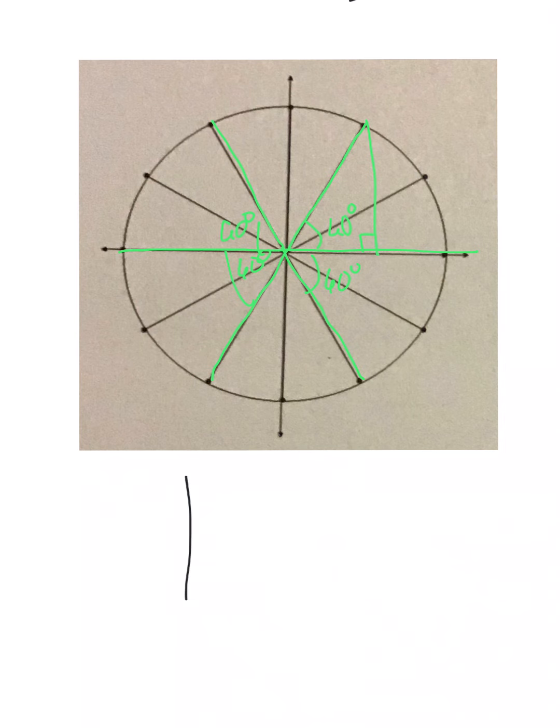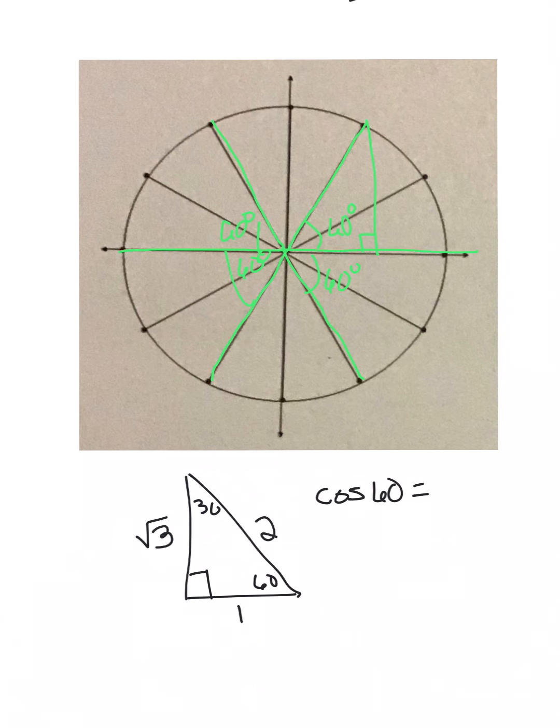Going back to a 30, 60, 90 one more time. 1, 2, square root of 3 is always the relationship here. So the x-coordinate of your point will be the cosine of 60. So the cosine of 60, adjacent over hypotenuse, will be 1/2.